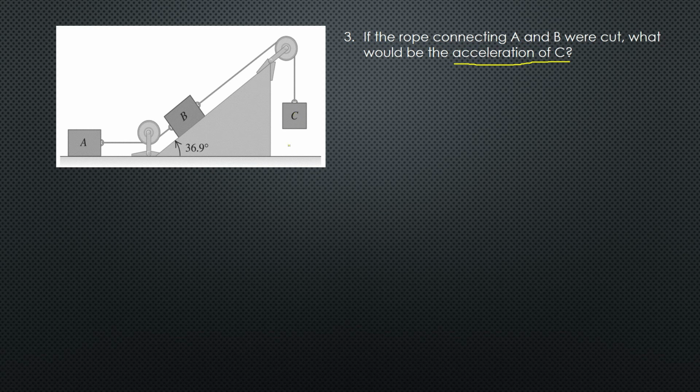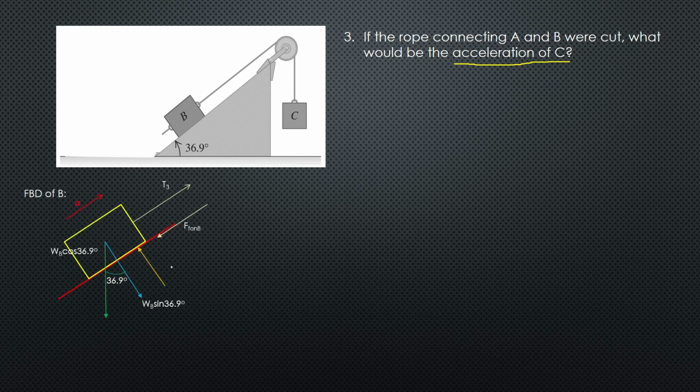Okay, so I'll just remove block A first, cut the rope, there it goes. Okay, now there are only two FBDs applicable, so for block B and block C. Okay, now FBD of B, you'll get this one.